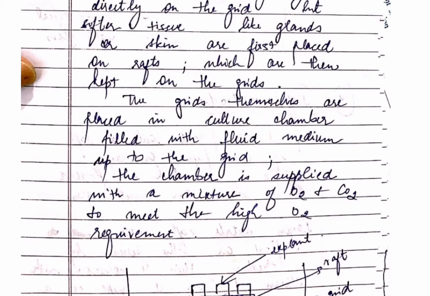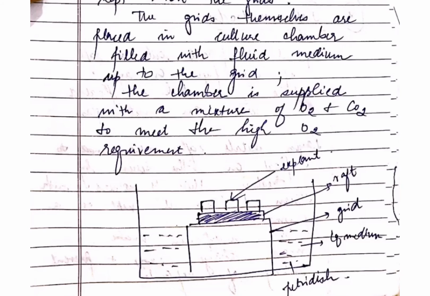I have shown below in the diagram, the grids are placed in the culture chamber filled with fluid. The skeletal tissues are placed on the grid, but the soft tissues like glands are placed on the raft, which are then placed on the grids. And the chamber is supplied with a mixture of oxygen and carbon dioxide.